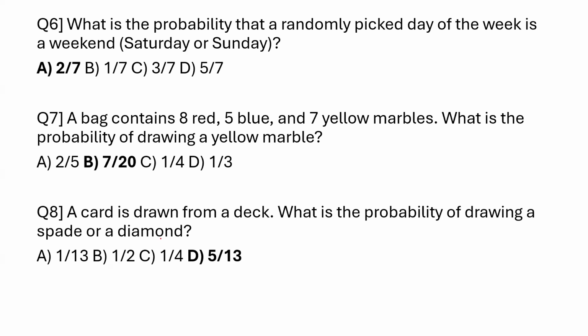A card is drawn from a deck. What is the probability of drawing a spade or a diamond? You already know how many spades are there? 13. How many diamonds are there? 13. So first you have to compute the probability of a spade. Right? This you have to compute. Probability of a diamond, that you have to compute.